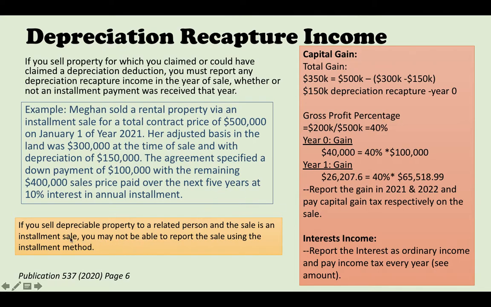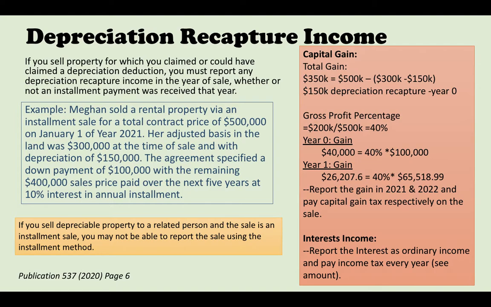Here I want to highlight this. The IRS says if you sell depreciable property to a related person and the sale is an installment sale, you may not be able to report the sale using the installment method. So if you sell depreciable property to a family member, you cannot spread out your capital gains over those years.